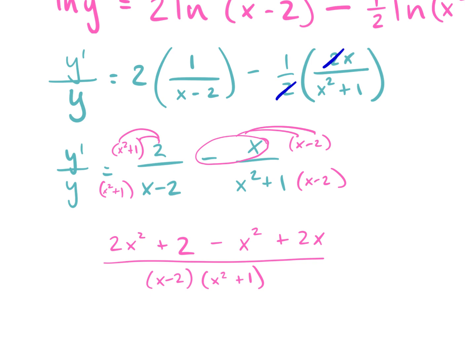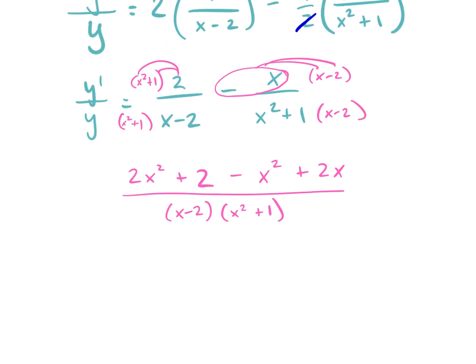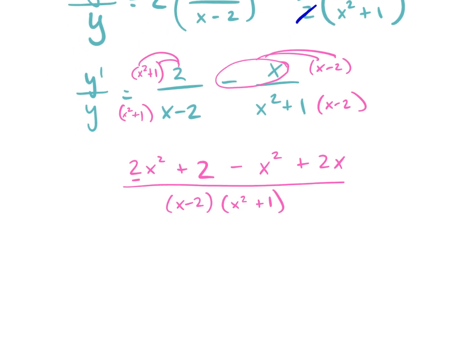Then let's combine our like terms. 2x squared minus x squared would be x squared plus 2x plus 2 over x minus 2 times x squared plus 1.